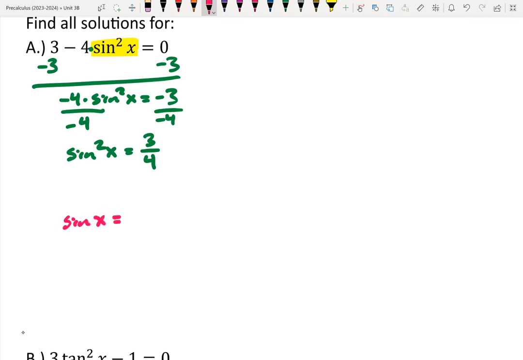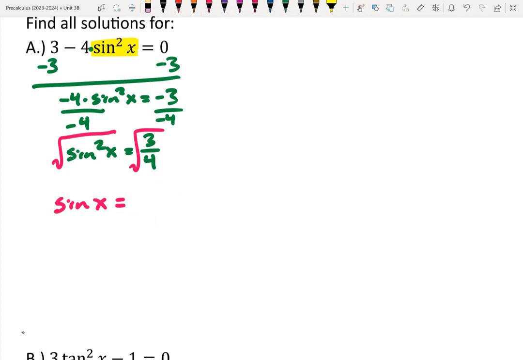So how do I get rid of the square? I square root it. So same exact solving processes that we've done before. So this will get me my sine by itself. One thing we have to remember, what goes in front of the square root when we do this?